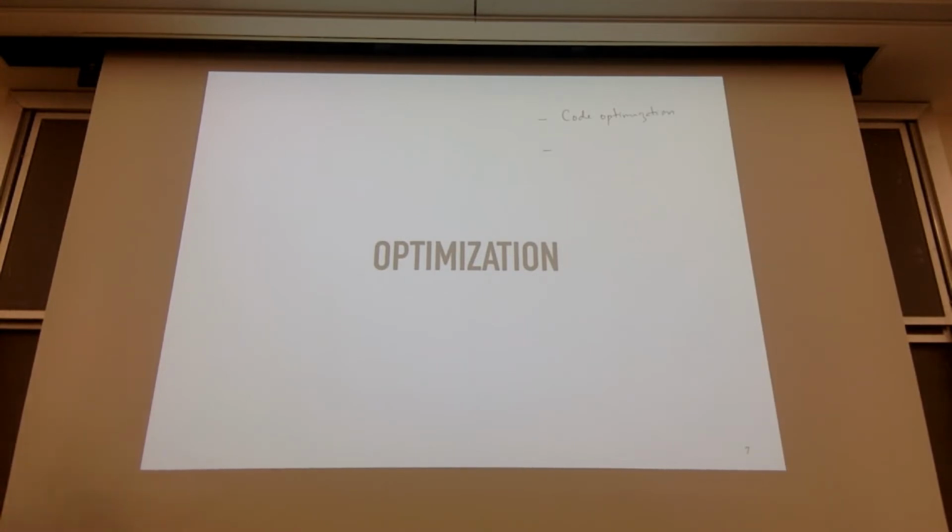Anything else? Gradient descent. Yeah, that's another thing. Whenever, for machine learning people, optimization is synonymous with gradient descent, right?